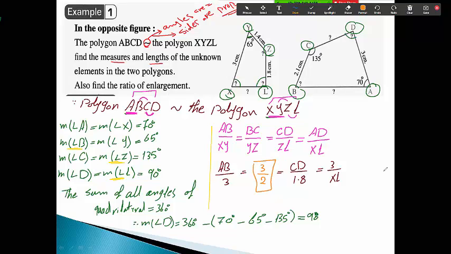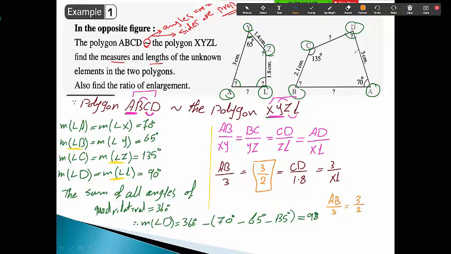which is 1.5. To get the missing side, we take each time the missing ratio and make it equal to the complete ratio. To get the side AB, AB over 3 must be equal to 3 over 2.